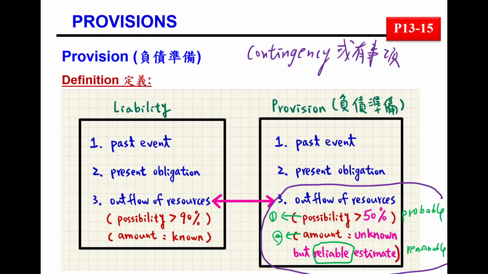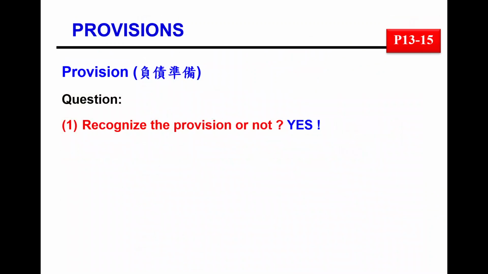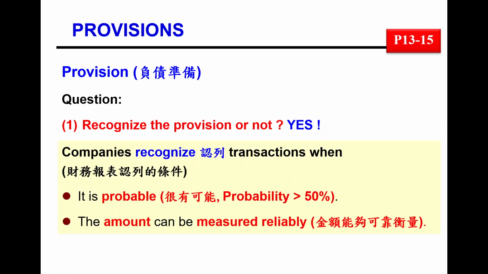Contingency means any one of the conditions doesn't exist. So go back to here. Provisions 负债准备. Do we need to record provisions? Yes. So we will record it and provide the information to investors and users. But don't forget, the problem for provision is what? The amount, right? You should have a reliable amount, so the probable amount could be measured reliably.